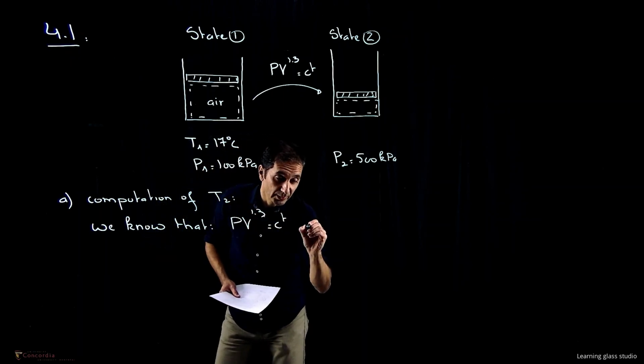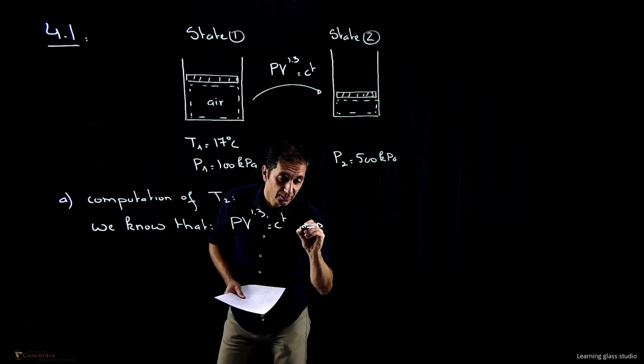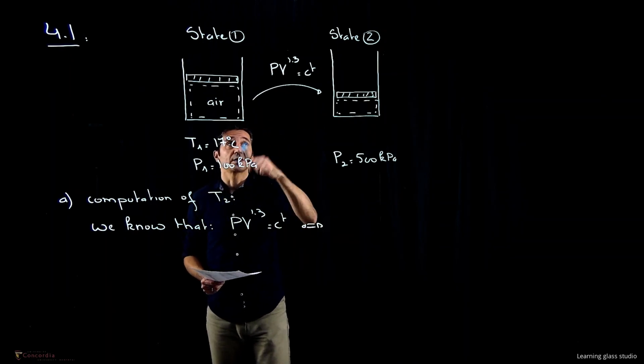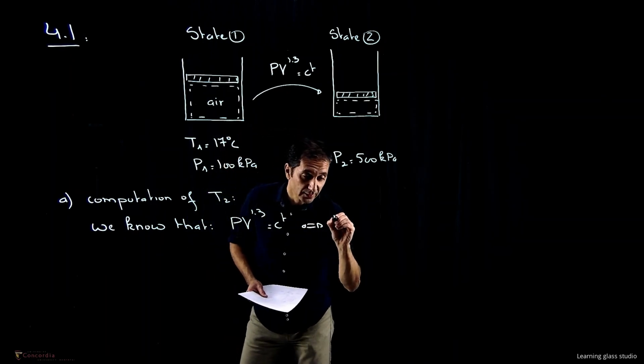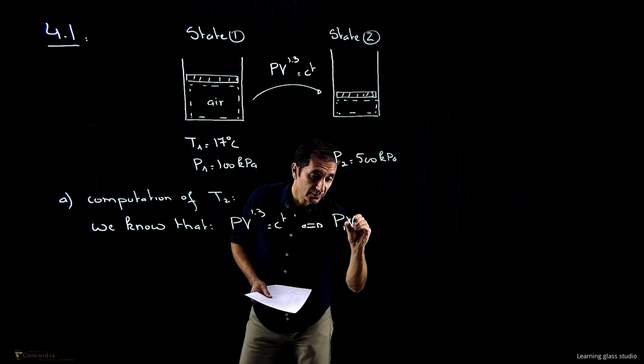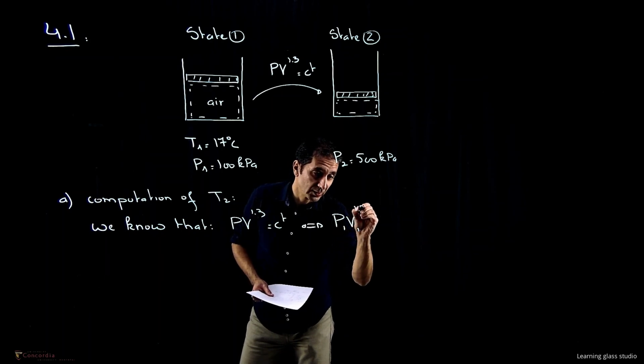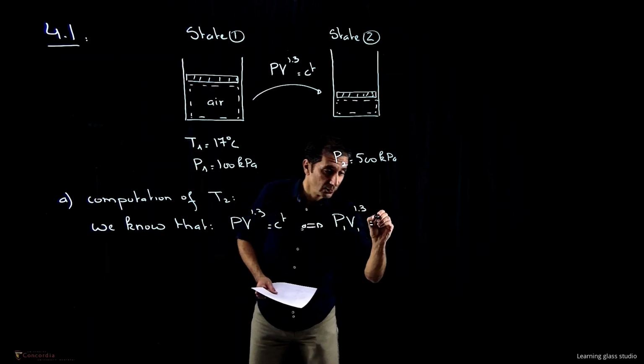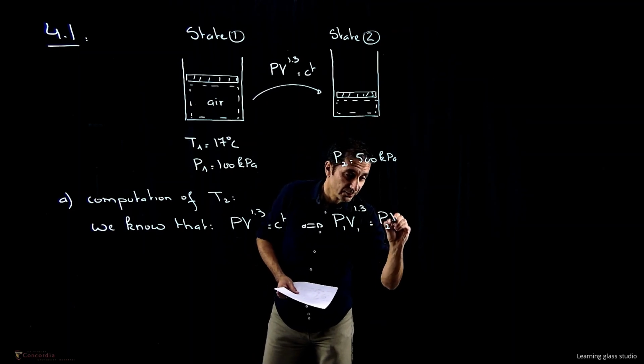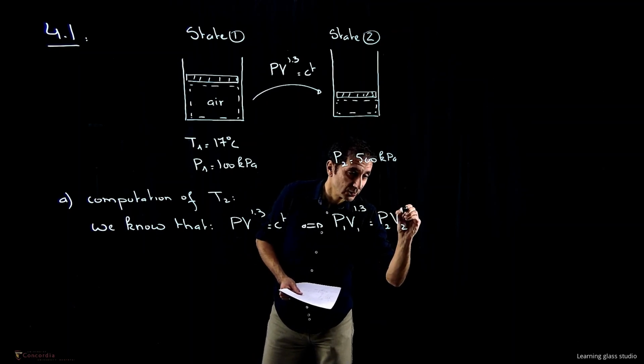Okay, what does it mean? In the context of our process between state 1 and state 2, this means that P1 V1^1.3 is equal to P2 V2^1.3.